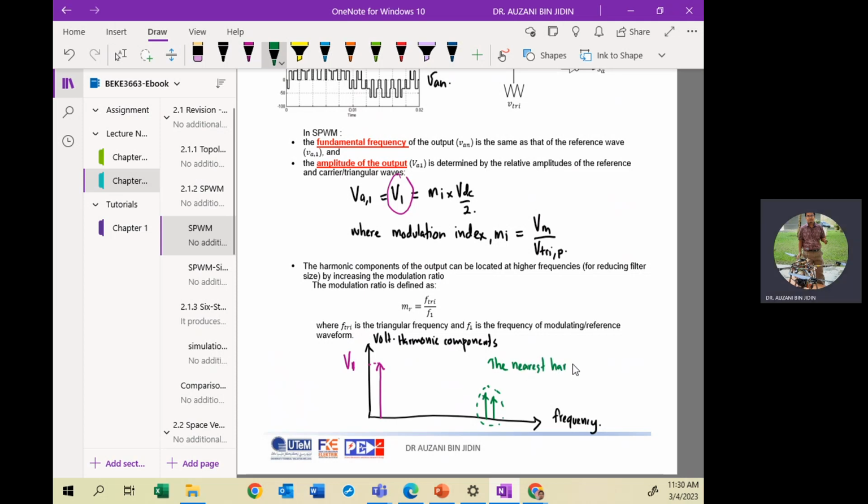You can adjust its location by controlling MR. Normally F1 is the fundamental, so if you refer to this equation, F1 is the fundamental component.